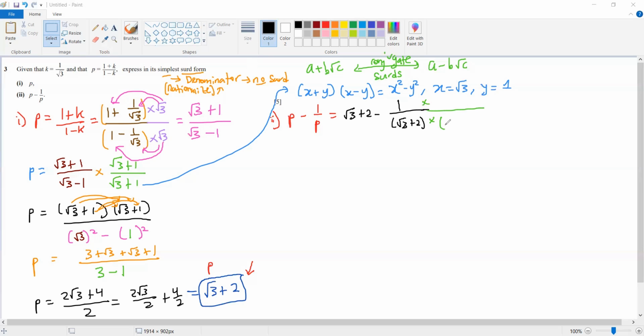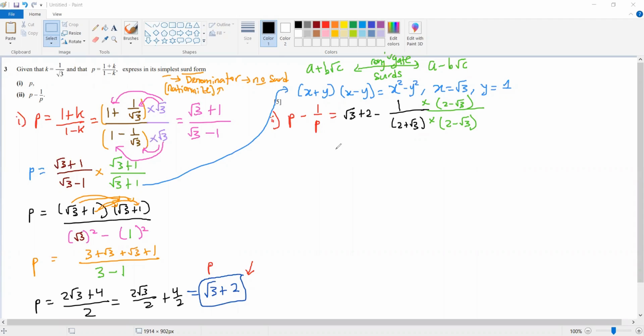Let me rewrite this better. I change the order, 2 plus root 3, making it more positive, which avoids dealing with negative numbers. Even if you did it the other way, you'd get the same thing. So the conjugate will be 2 minus root 3.